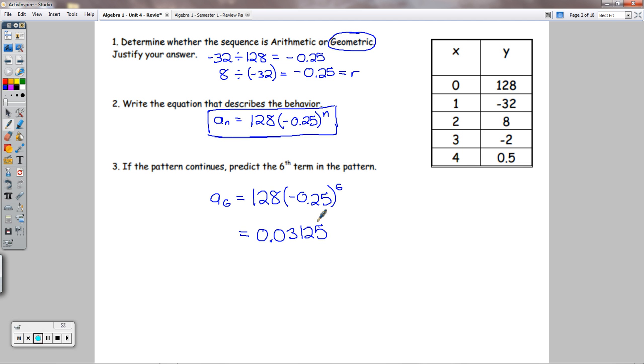So I just tried that in a calculator there, and end up getting that number. So that's going to be the 6th term in that particular sequence.